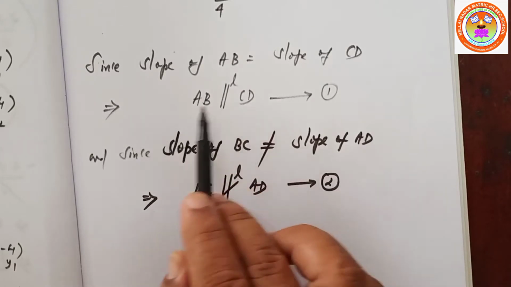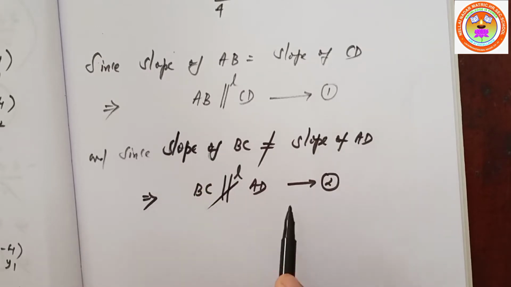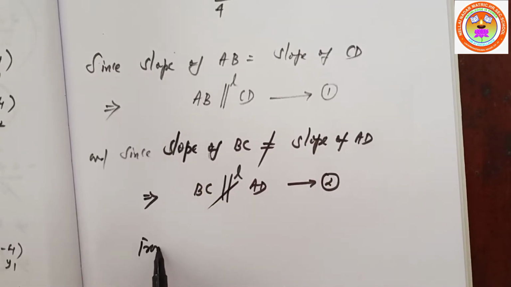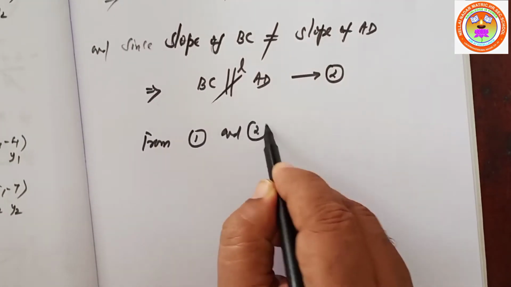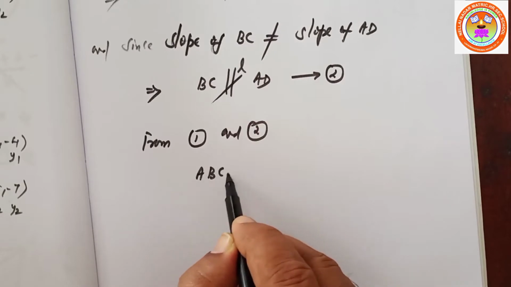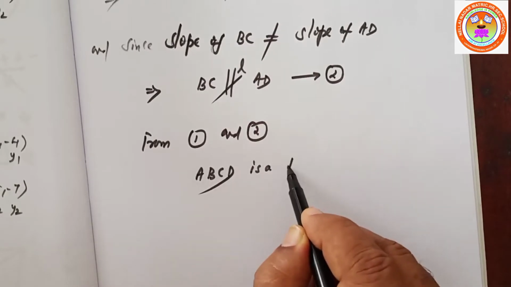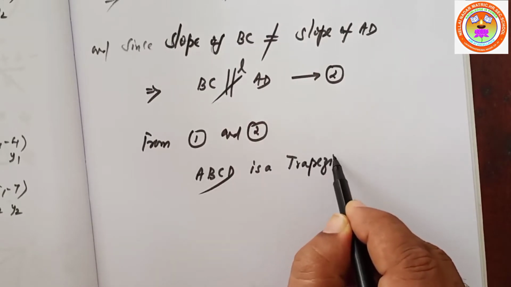Here the two lines are parallel, here the two lines are not parallel. From 1 and 2, ABCD is a trapezium.